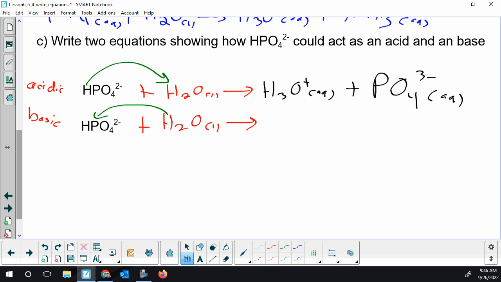Bases are going to take in an H and make hydroxide when it takes it from water. We get H2PO4. And it was 2-, it's gaining an H+, it's going to drop to minus.